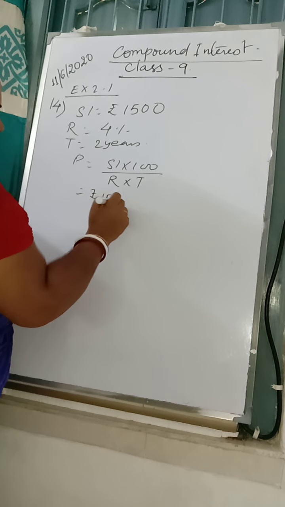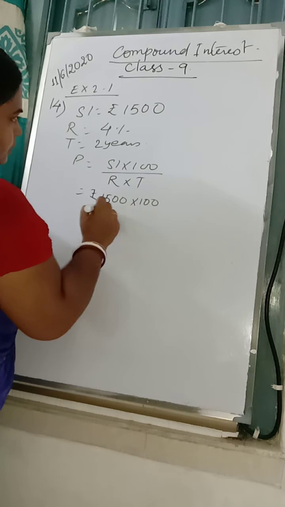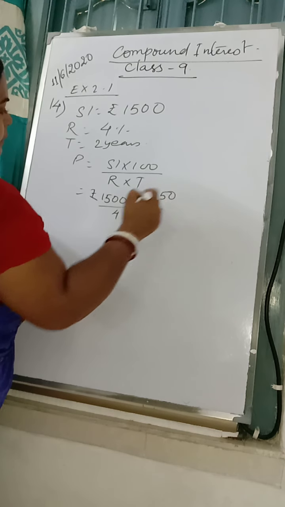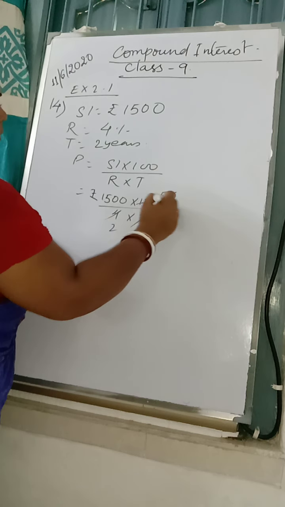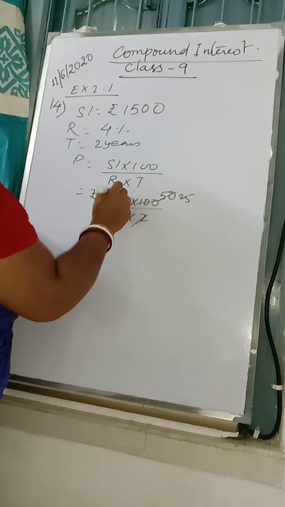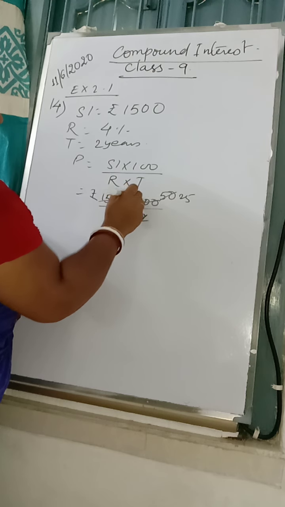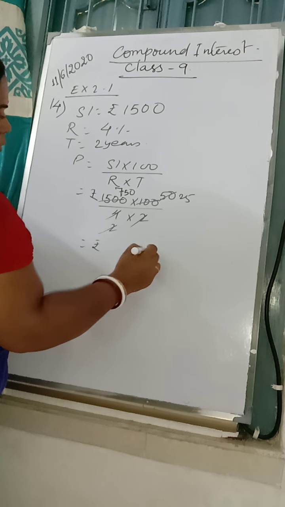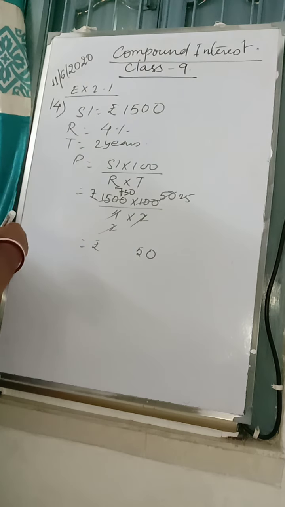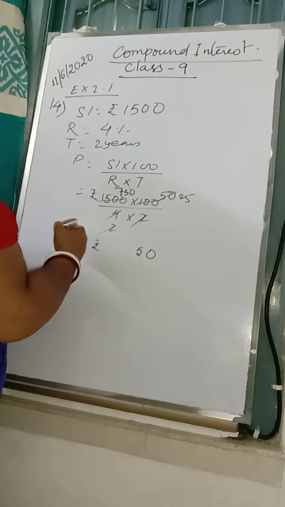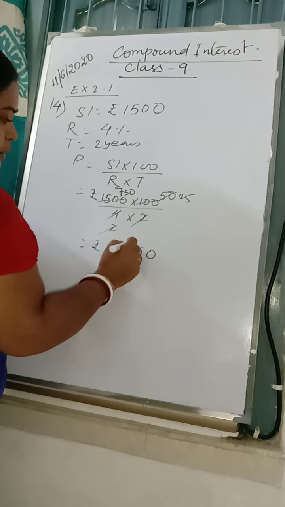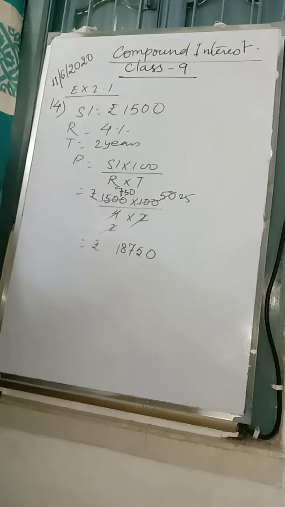So SI is rupees 1,500 into 100 by R is 4, time is 2. 2 50s are 100, 2 2s are 4, 2 25s are 50, 2 750. Now this gives you 25 zeros are 0, 25 5s are 125, 25 7s are 175 and 187. This gives the principal, rupees 18,750.